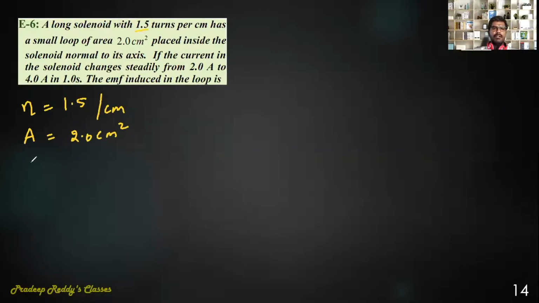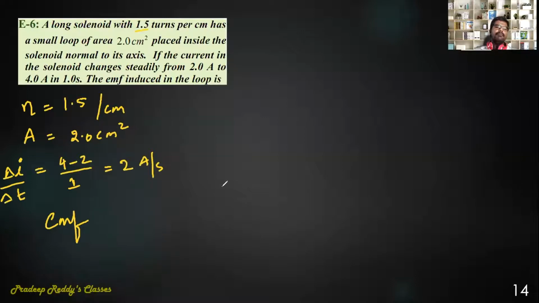If the current in the solenoid changes steadily from 2 ampere to 4 ampere in 1 second, delta I divided by delta t is equal to 4 minus 2 divided by 1, which is equal to 2 ampere per second. The EMF induced in the loop is dash. So you are supposed to find the EMF induced in the loop.